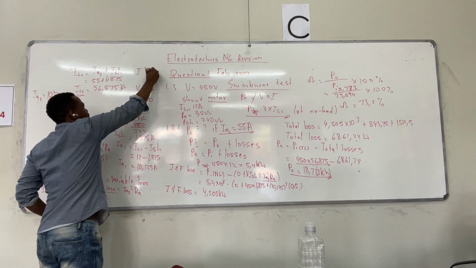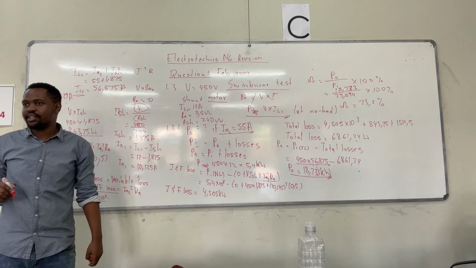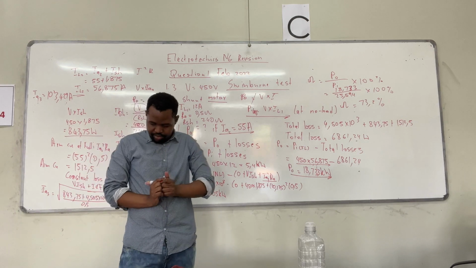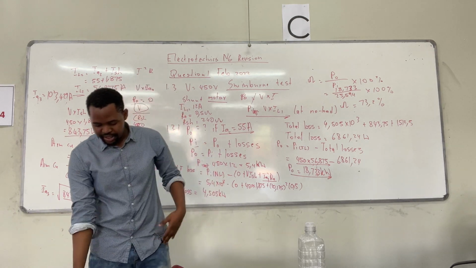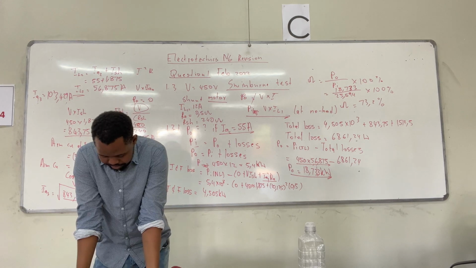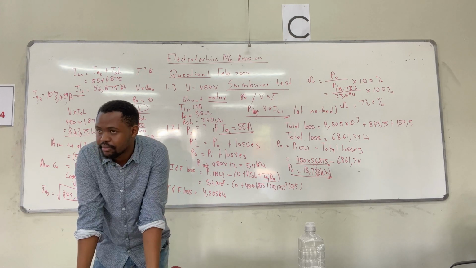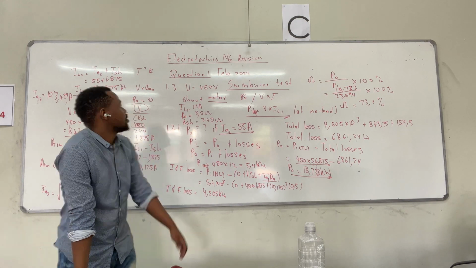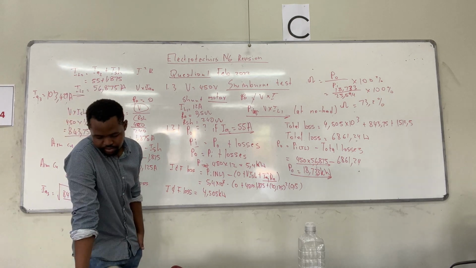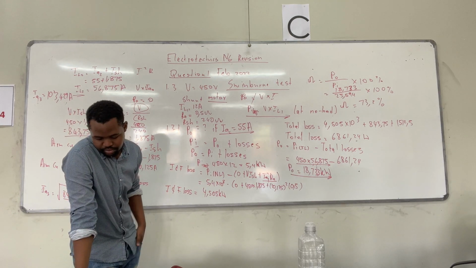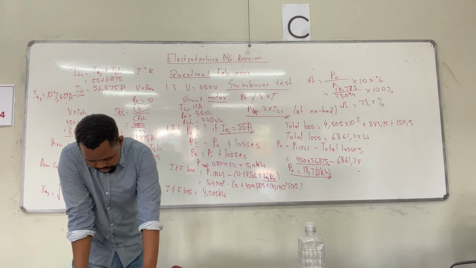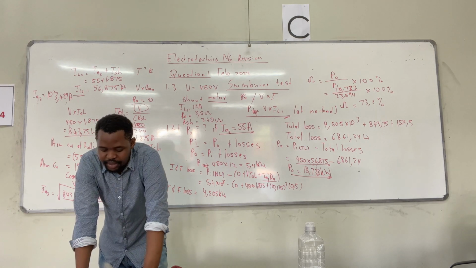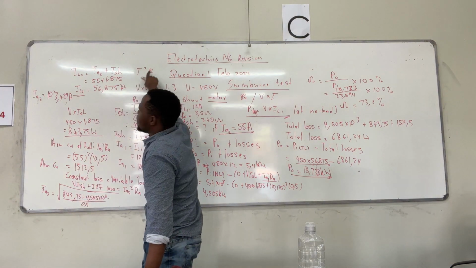I squared R. So they made a mistake, because they used voltage times current. Armature copper loss is a function of current and resistance.